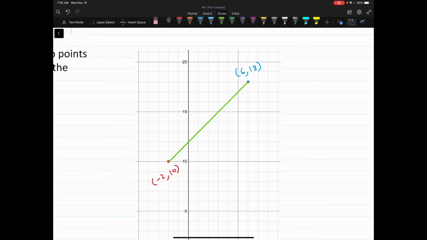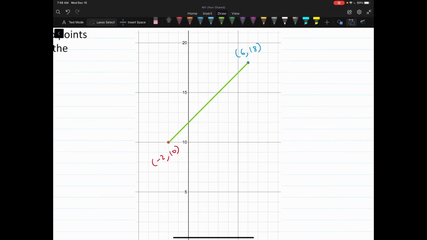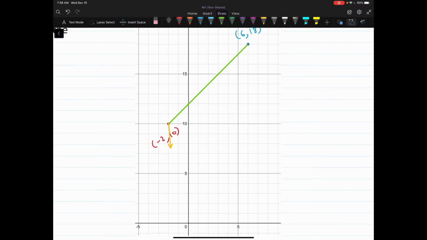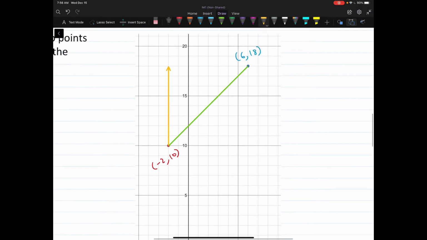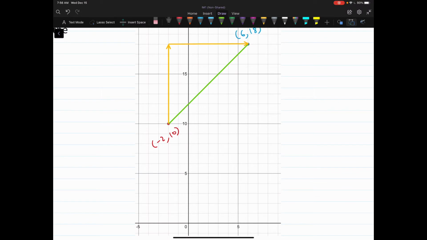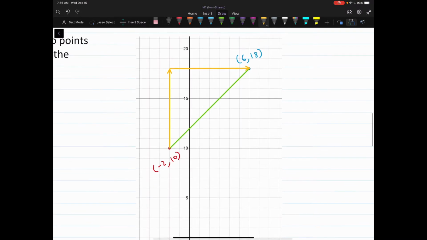I'm going to adjust this a little bit like that. So the rise is going to be from here to there. And then my run is going to be from here to here. So let's count.